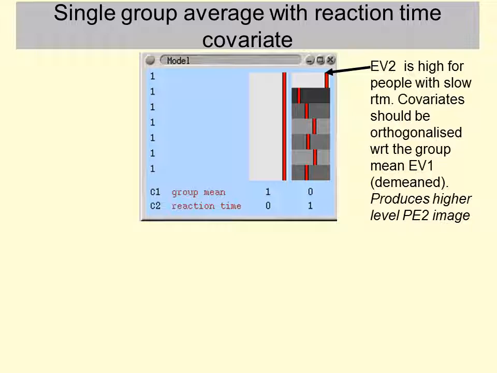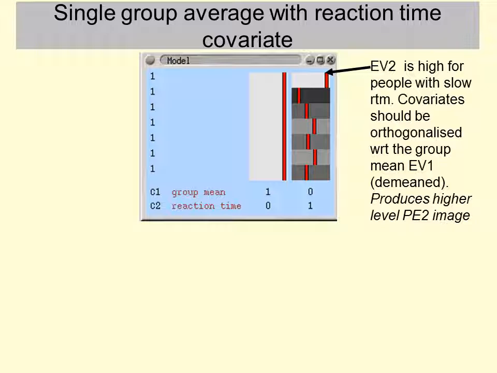And if we were to replace that 1 on the second column with a -1, or add a third contrast with that -1, then it would show us voxels which are more active in people who are faster on the task. And how this works is that the explanatory variable has higher values for people who are slower in the task and lower values for people who are faster in the task.